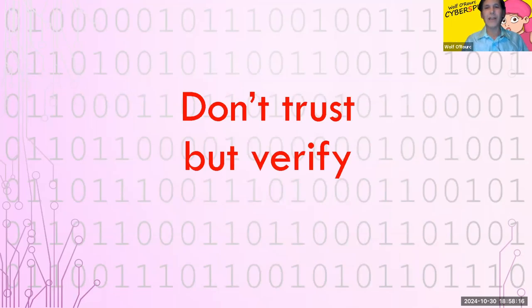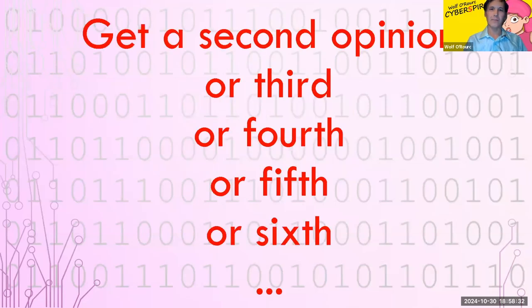And don't trust any answer. Of course, if you ask 2 plus 2, if it's 4, yeah, okay, you can trust that, but why would you ask that of the AI? Verify every answer because it probably will contain mistakes of various kinds. And that means if you want to get the best results, get a second opinion, a third, a fourth, a fifth, a sixth.